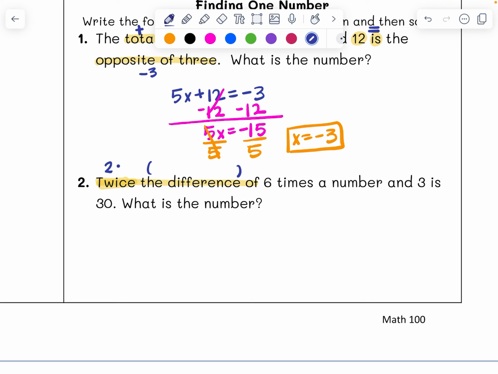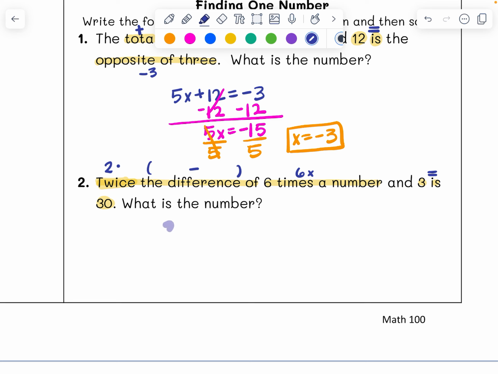So times the difference of, and difference is subtraction. So we know there's going to be subtraction in between those parentheses. 6 times a number, 6x, and 3 is, there's our equal sign, 30.